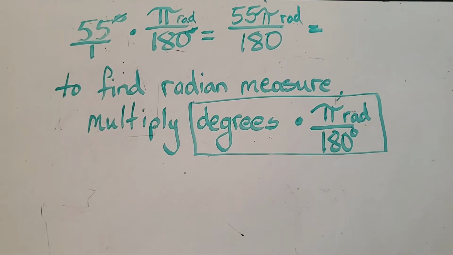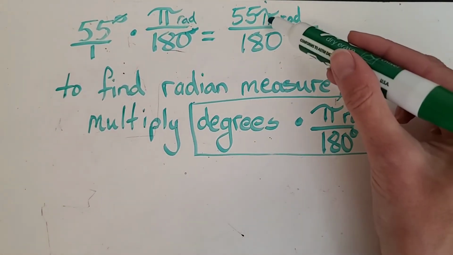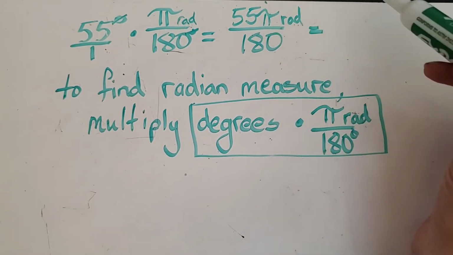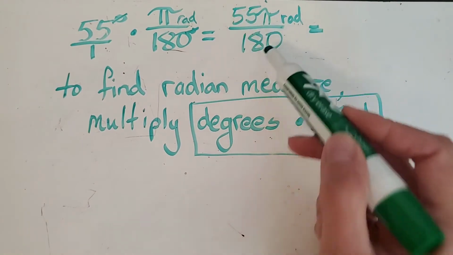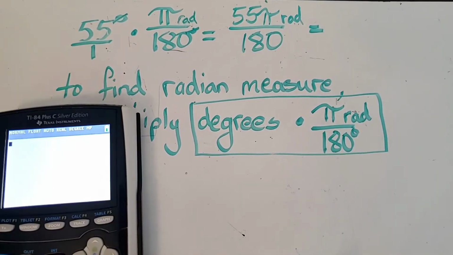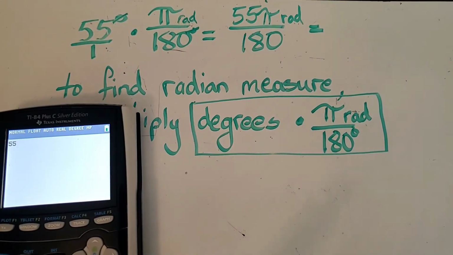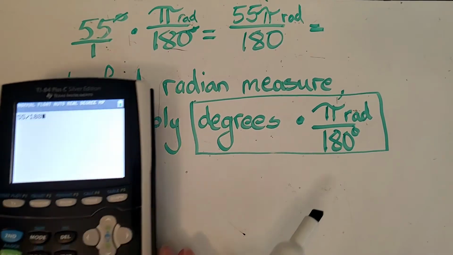Now when we're in radians, we like to have pi's in there. It helps us break up that circumference with the radian measure. And so it helps me know, am I in the top half of the unit circle or the bottom half? But this 55 over 180 is a little clunky and it can be reduced. And so I'm going to take 55 divided by 180.